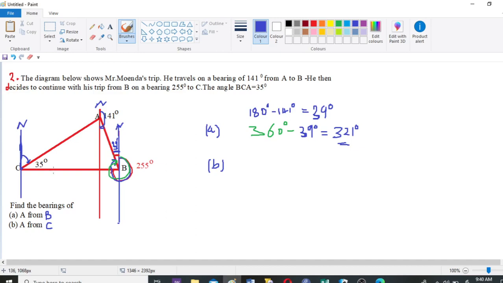So how are we going to calculate this bearing?